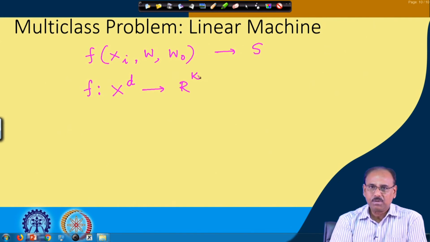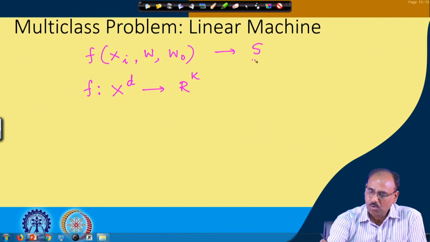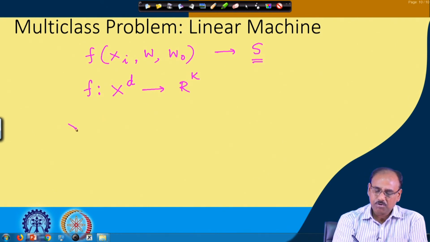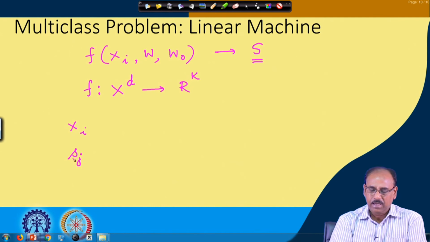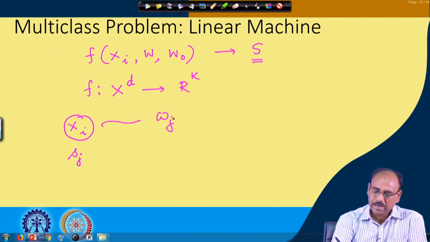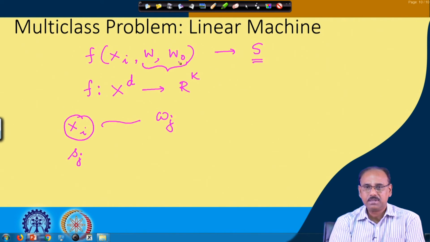And every component of this score vector gives you the score for the corresponding class. So, given my input vector x I, the score component S j tells me the score of this input vector x I for a category omega j, as given by the linear machine having the parameters W and W naught. So, this is what the linear machine does.